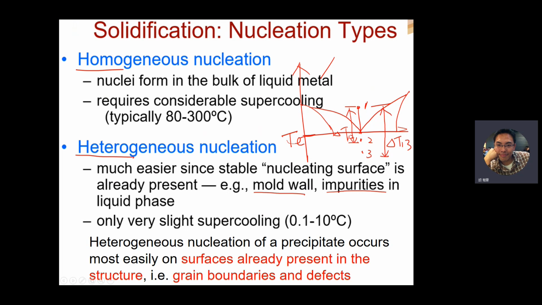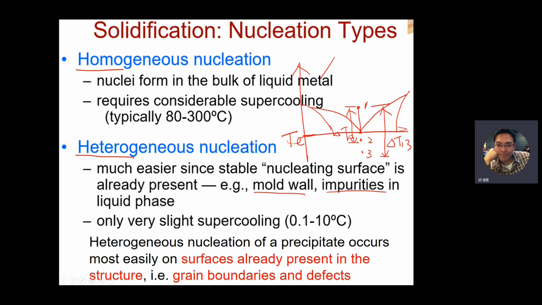So what does that mean? That means a different phase or a different seed already exists in this liquid metal. It could be from impurities from your process, or impurities from the mold wall. So those are two different types of nucleus.